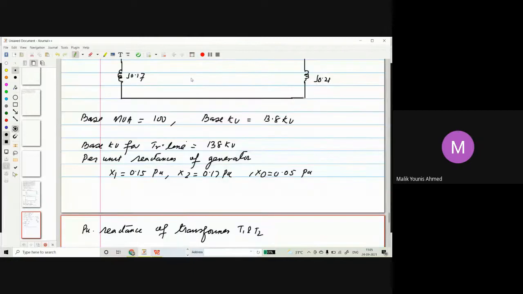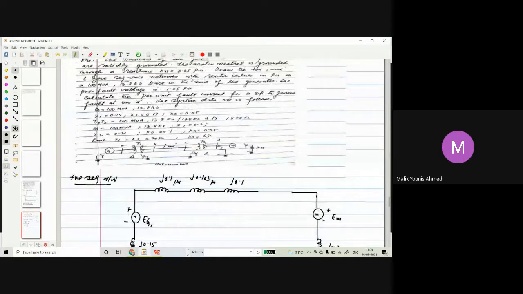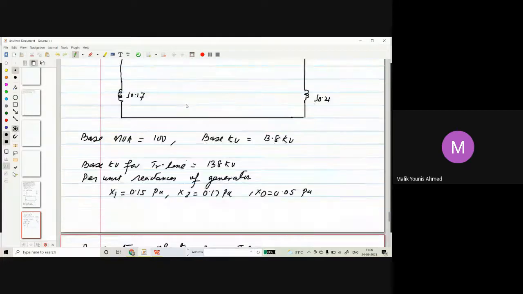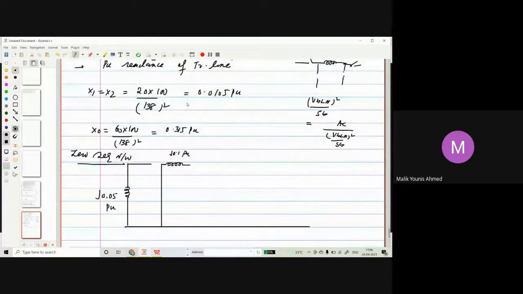The secondary side of transformer T1 is star connected, neutral grounded. That means series switches will be closed and the shunt switch will be opened. So we'll draw this series switch closed. And second is the transmission line.